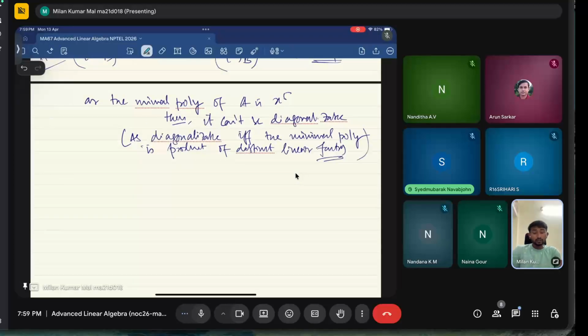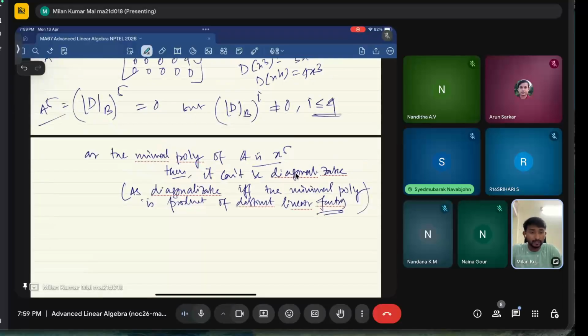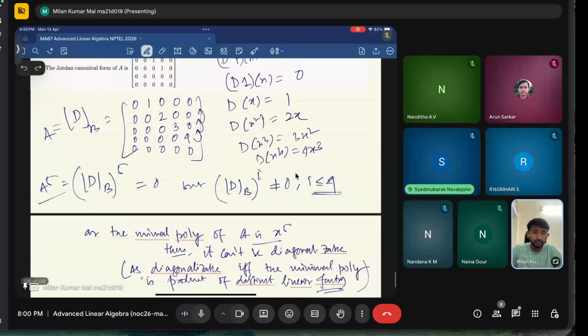Why is the minimal polynomial of A x to the power 5? Because A satisfies x to the power 5 equals 0, but no lower power gives 0. So this is the minimal polynomial, and the only eigenvalue of this matrix is 0. So A is not diagonalizable.